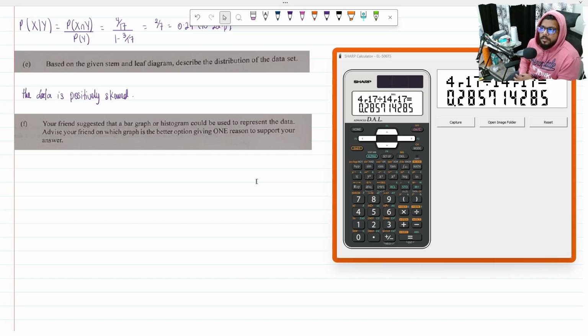Histograms cater for values that are continuous. So we will go with a bar graph because this one deals with whole number values. A bar graph is better.